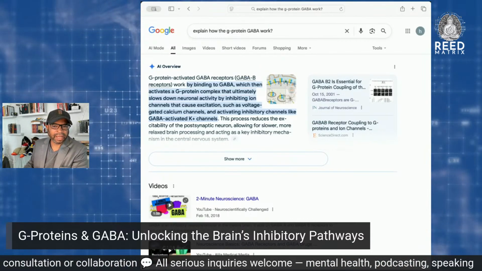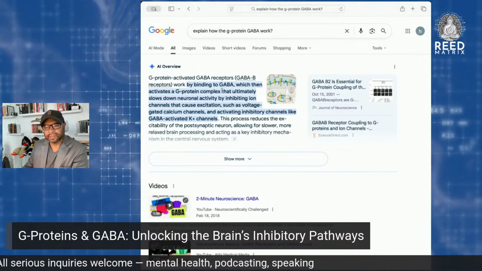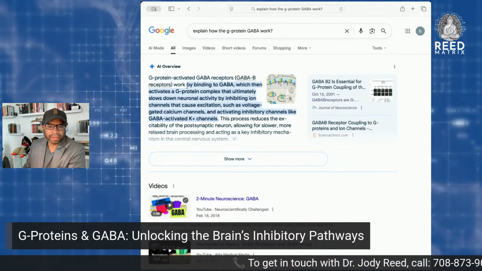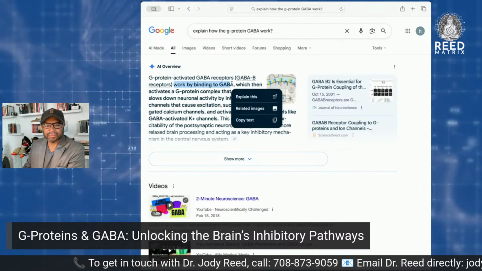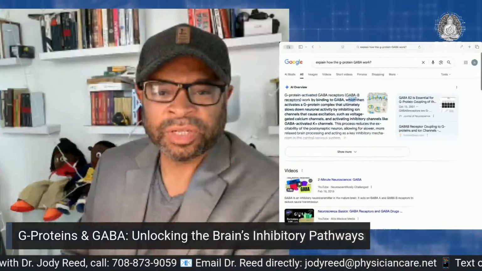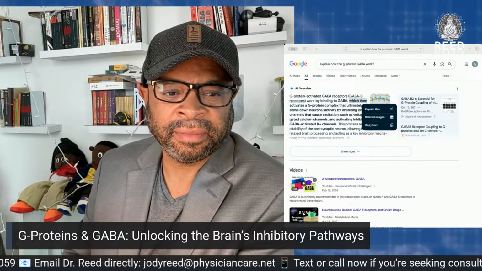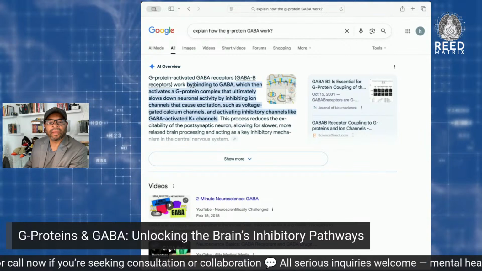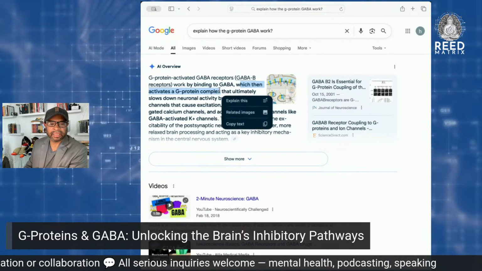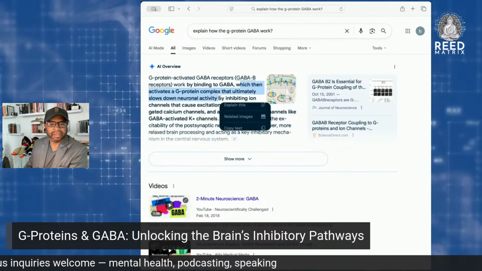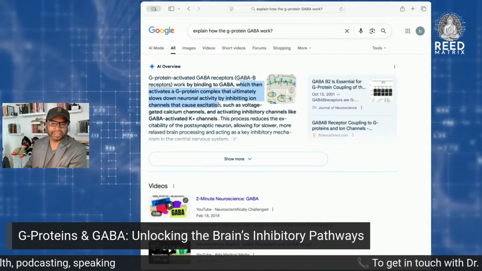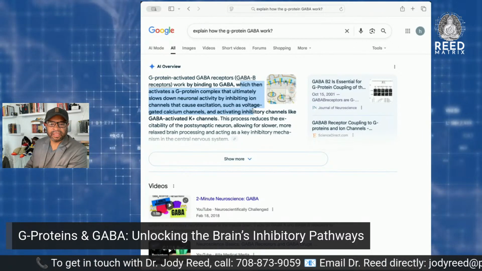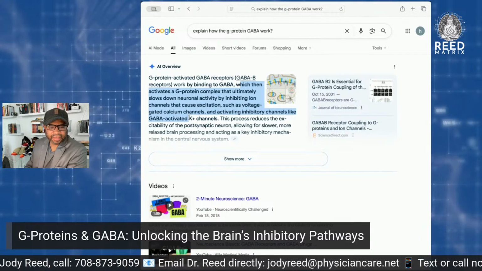So here, explain how the G protein GABA works. G protein activated GABA receptors work by binding to GABA, a neurotransmitter, which then activates a G protein complex that ultimately slows down neuronal activity by inhibiting ion channels that cause excitation, such as voltage-gated calcium channels, and activating inhibitory channels like GABA-activated potassium channels.